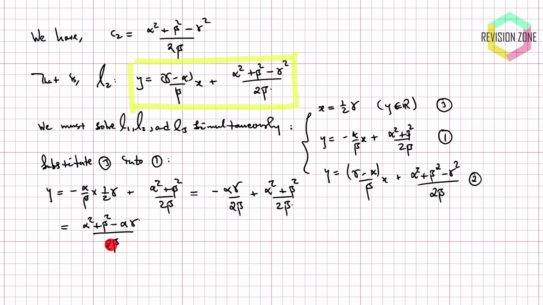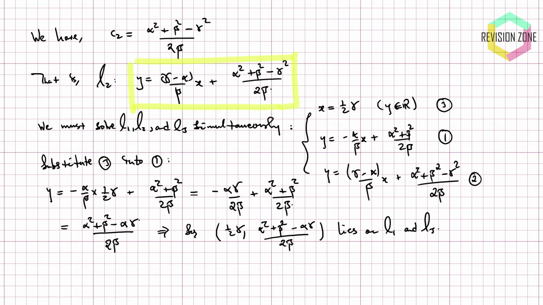Okay, and obviously common denominator, so I can just have 2 beta. So actually we've got a solution for y, and we know what the x was. So what we can say is the point x equals a half gamma and y equals alpha squared plus beta squared minus alpha gamma all over 2 beta is actually the point of intersection of line L1 and L3.